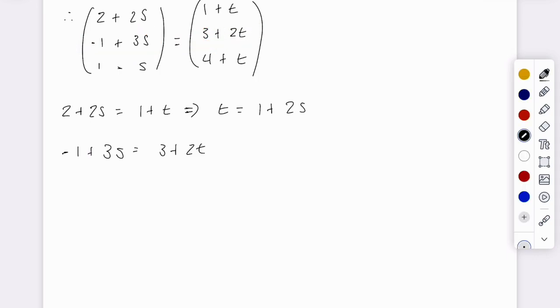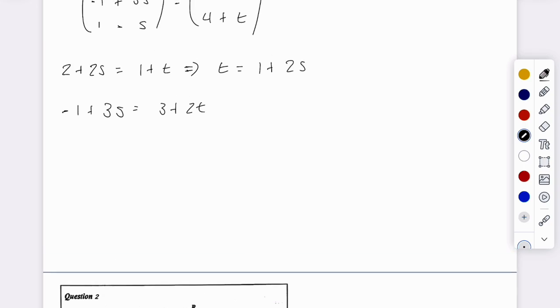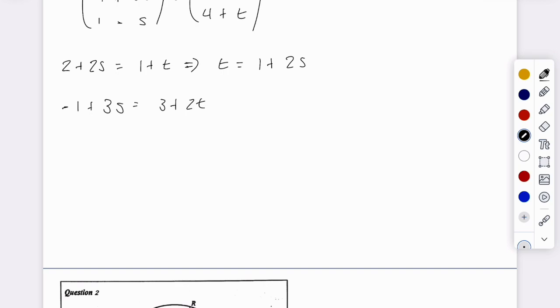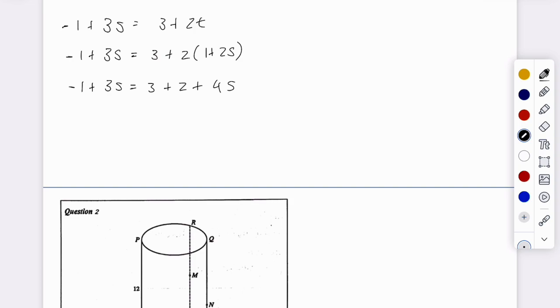We can then say that negative 1 plus 3s is equal to 3 plus 2 times (1 plus 2s). Which means negative 1 plus 3s is equal to 3 plus 2 plus 4s, so it's 5 plus 4s.